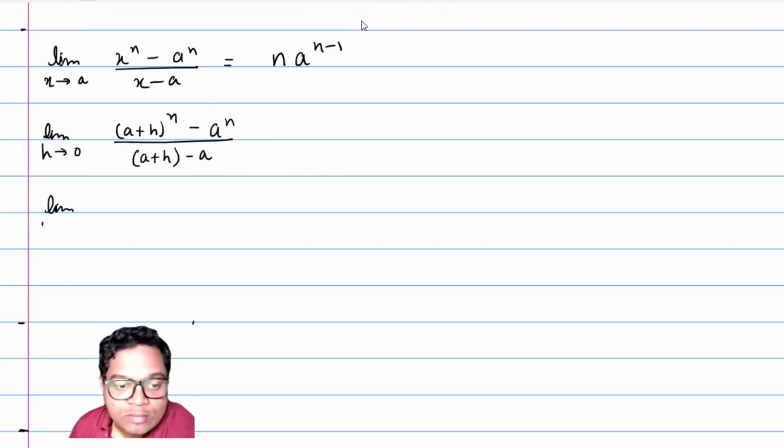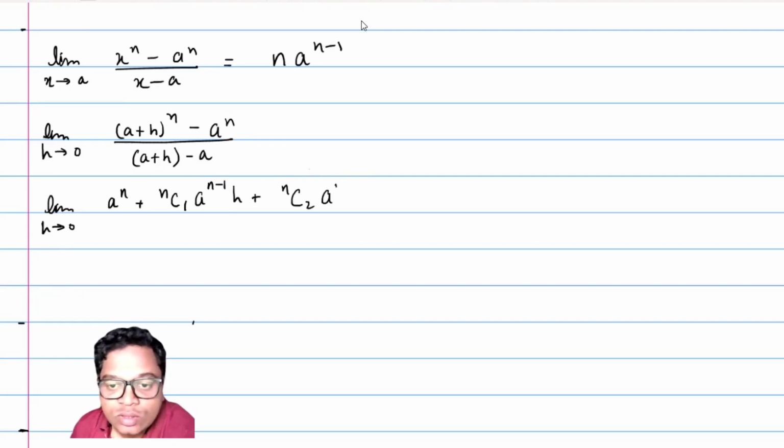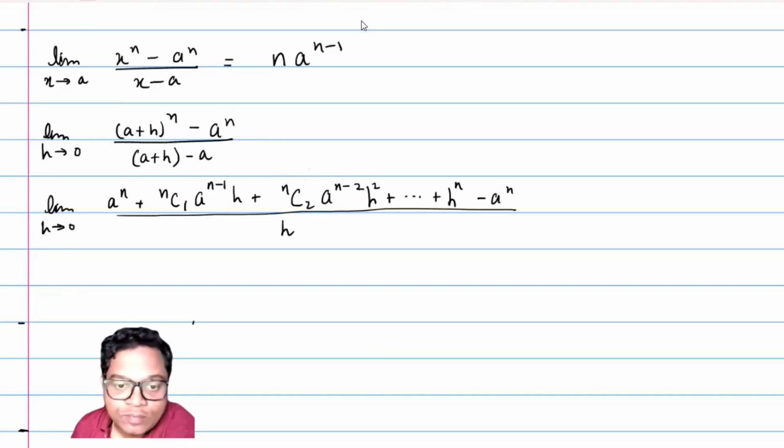So we get limit h tends to 0, and over here we get the binomial expansion: nC1 a^(n-1) h, nC2 a^(n-2) h squared, and so on, till we get h^n. And here you have a^n, the whole upon h.